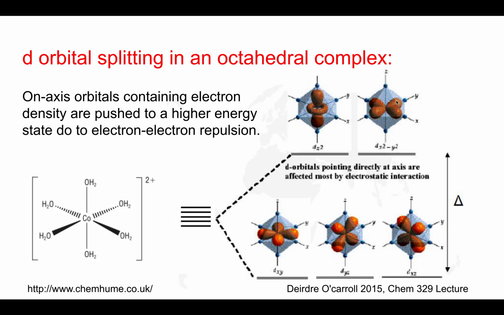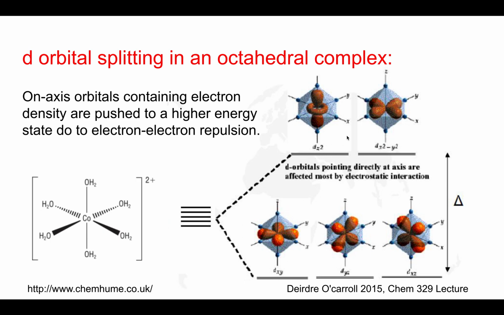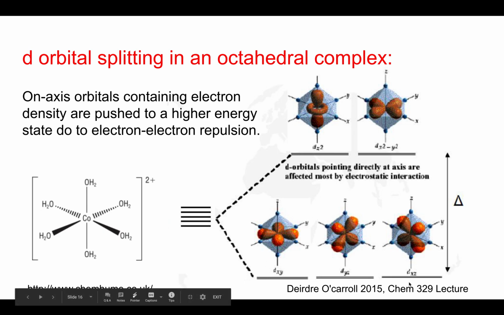Now, the electron repulsion from these orbitals will, to some extent, split the field, it's called. So we're going to move these two d orbitals to a slightly higher energy state than these low-lying orbitals.